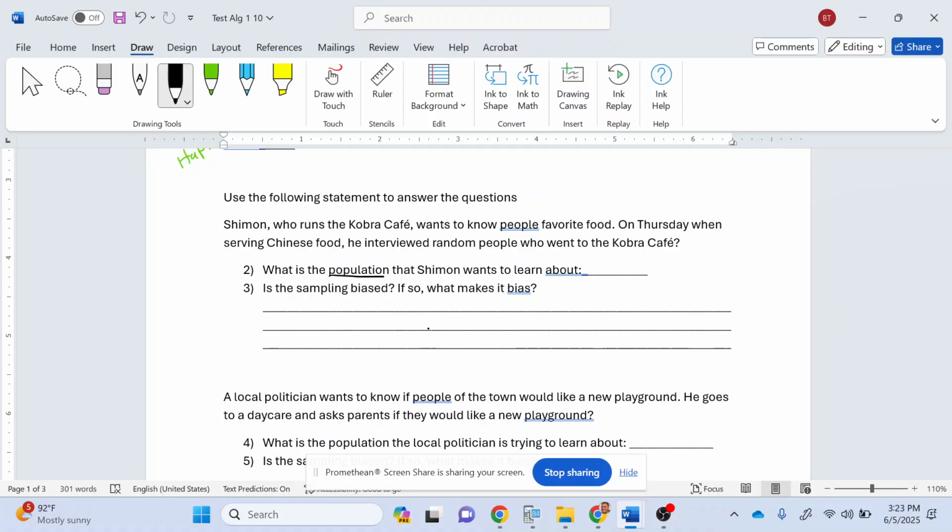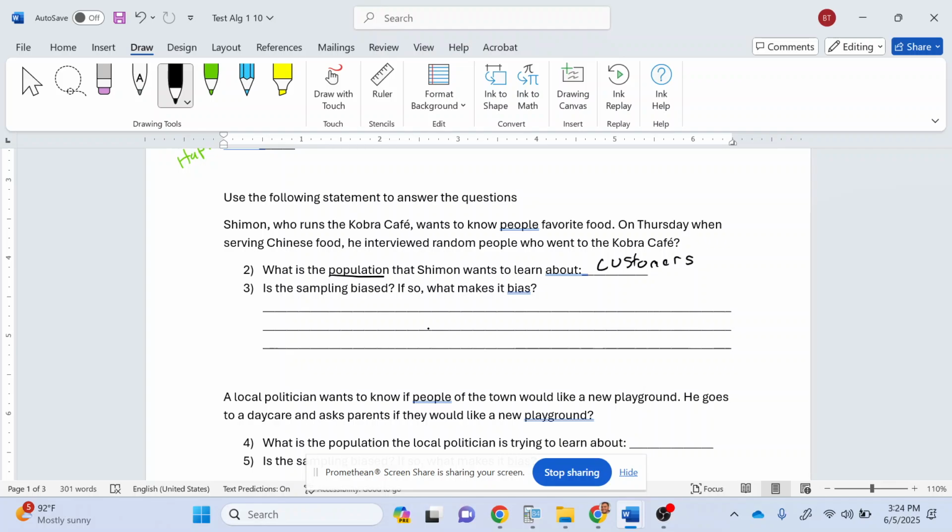What you shouldn't say: he's not trying to learn about America, or everybody, or people in general. He's learning about a specific group of people. So students, customers, whatever. Probably customers would be the best answer, I guess.